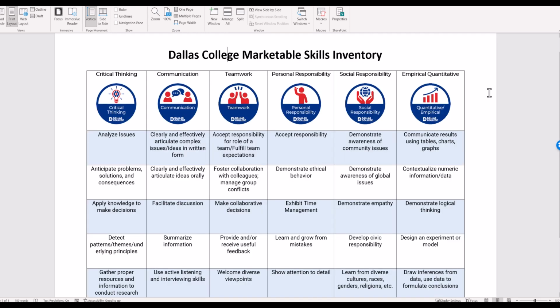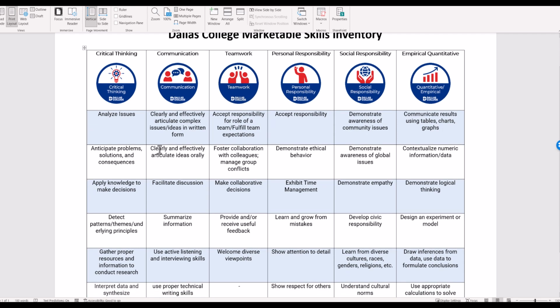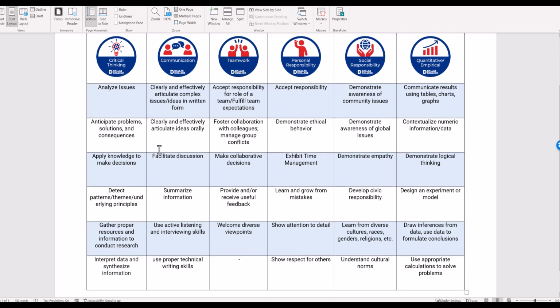Now let's look at the Dallas College Marketable Skills Inventory. Across the top, you see 6 sections of this inventory. We're going to use only the first 4. So let's look first at critical thinking.